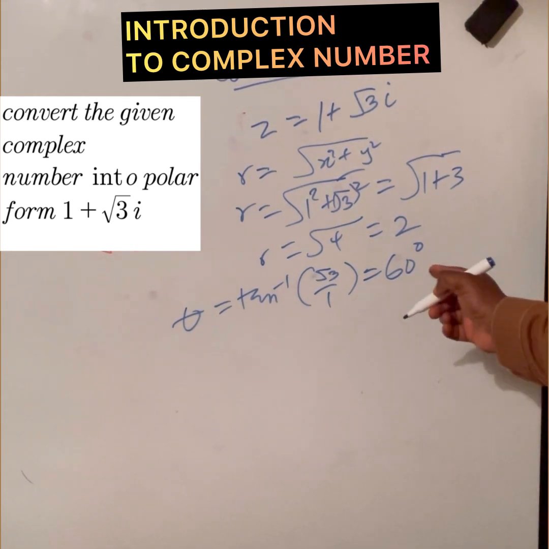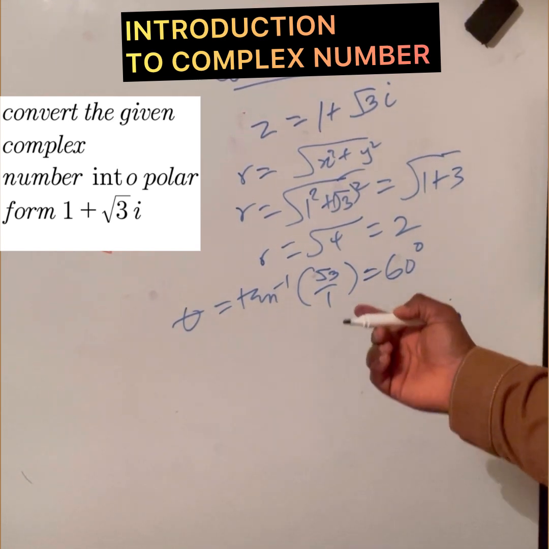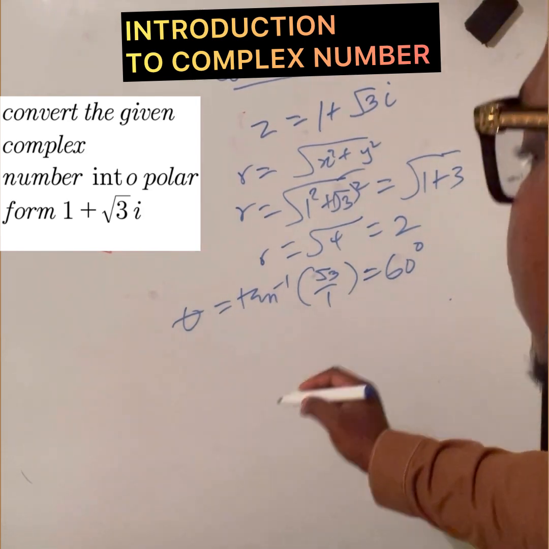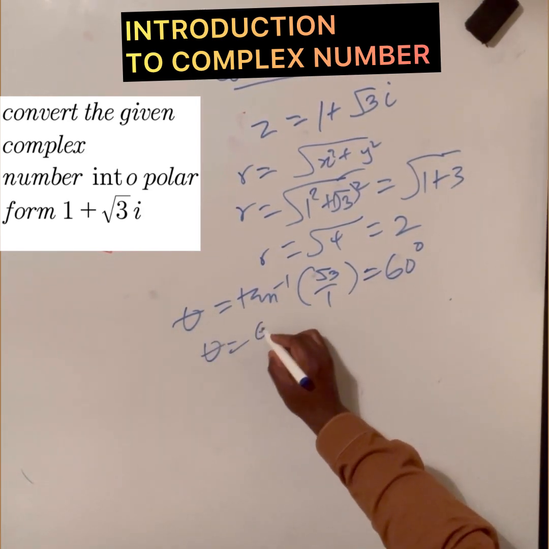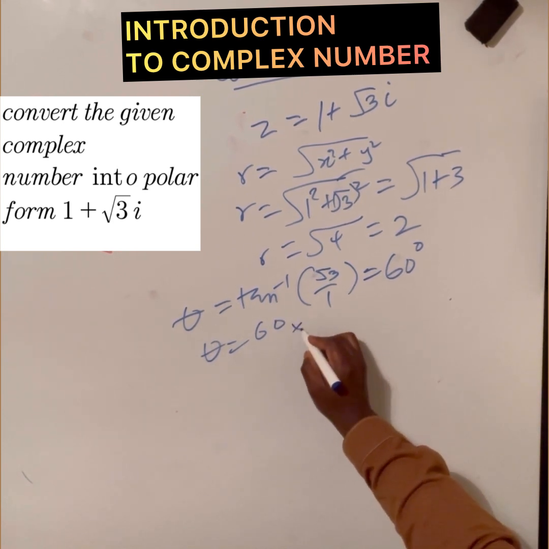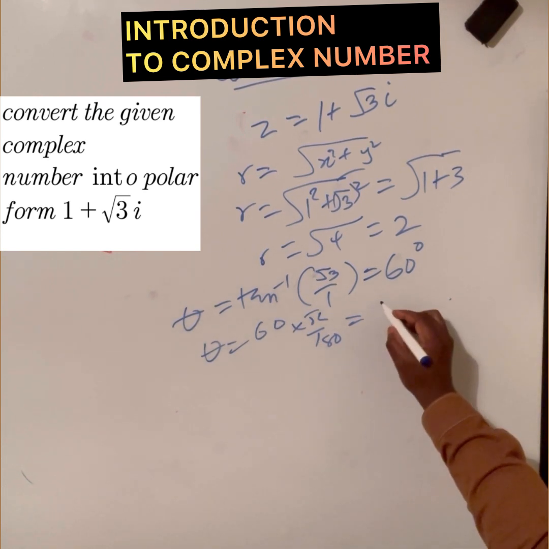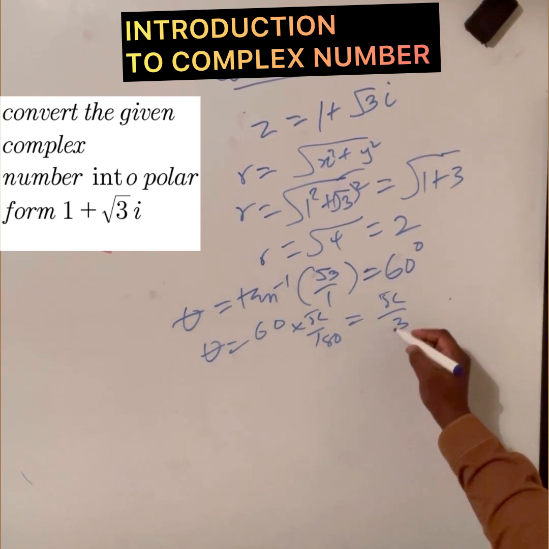So what I need to do now is to convert this. You might just leave it like this or convert to radians. Converting degrees to radians, theta will be equal to 60 times pi over 180. That would be pi over 3. 60 divided by 180 is one third.